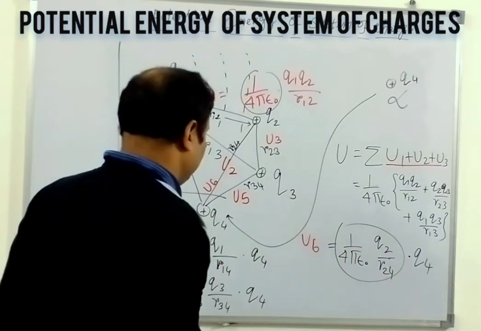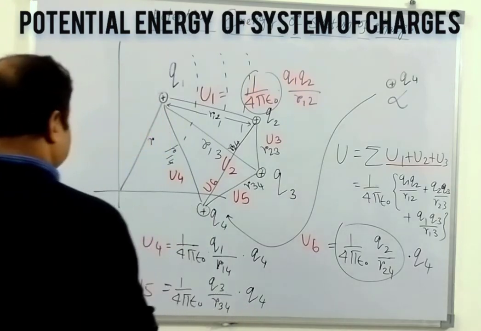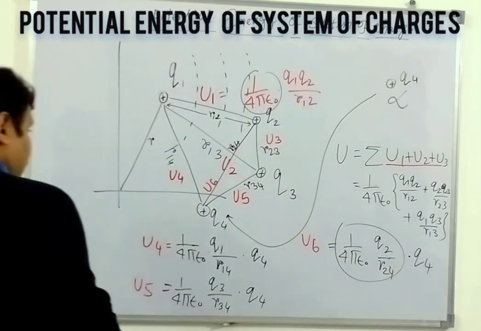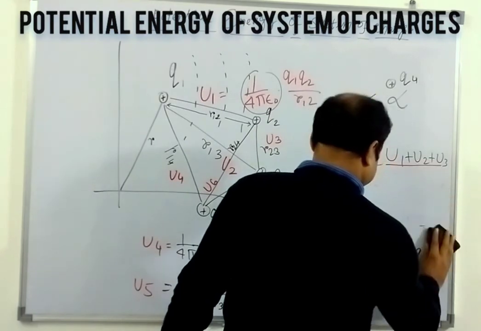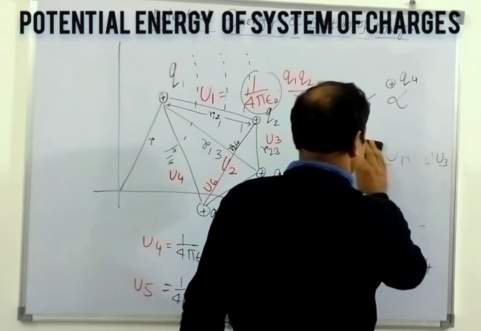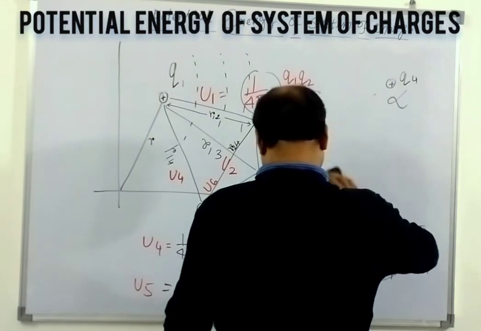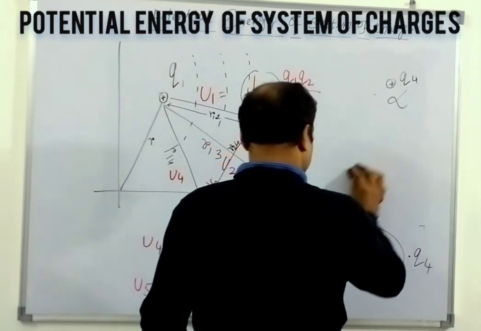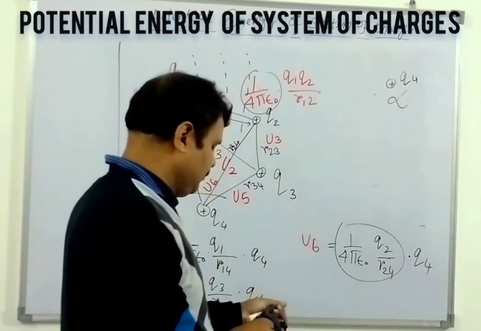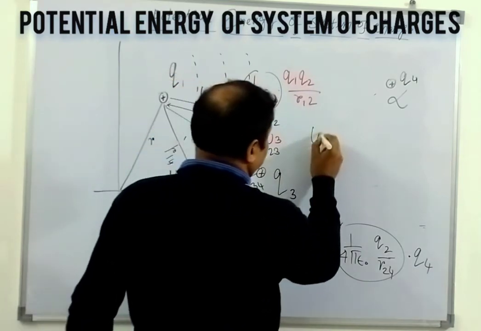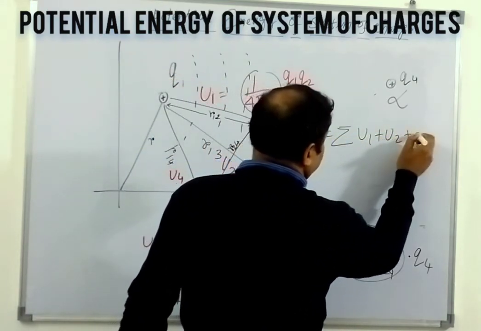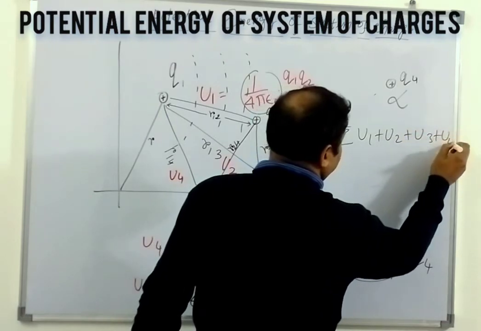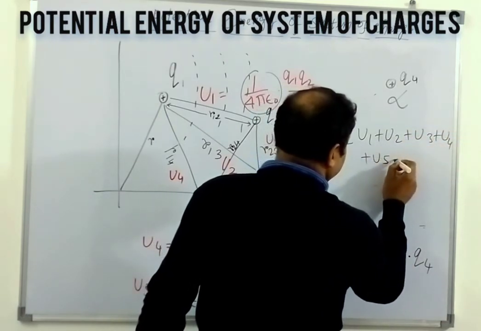Now the total U in our case, in the 4 charge system, will be the summation of U1, U2, U3, U4, U5 and U6.